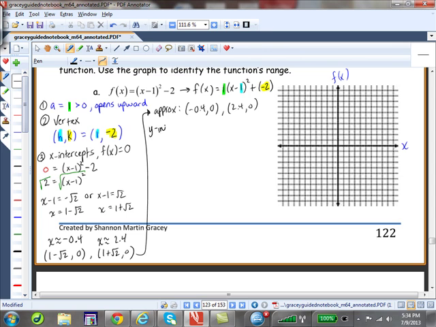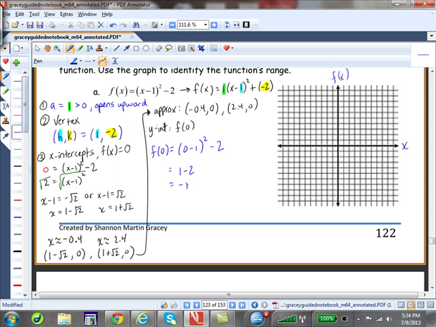So for the y-intercept, you're going to evaluate f at 0. So notice when you evaluate f at 0, you'll end up with 0 minus 1, the quantity squared, minus 2. So I plugged in 0 for wherever I saw an x. So this ends up being 1 minus 2, which is negative 1.